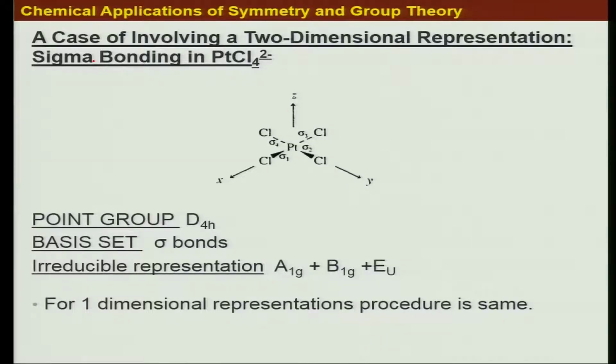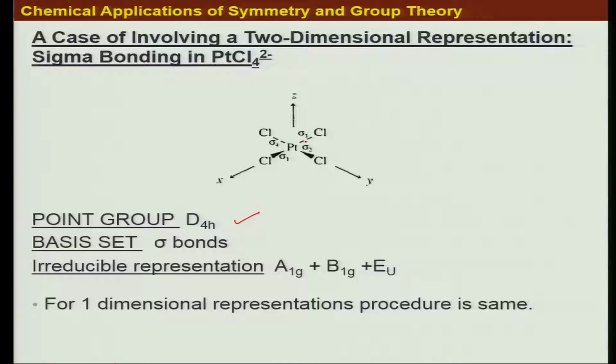So the first step is to identify the point group symmetry. For the square planar complex, it is D4h, right? You should be able to readily identify the point group of any given molecule by now. And then we have to choose the basis function.